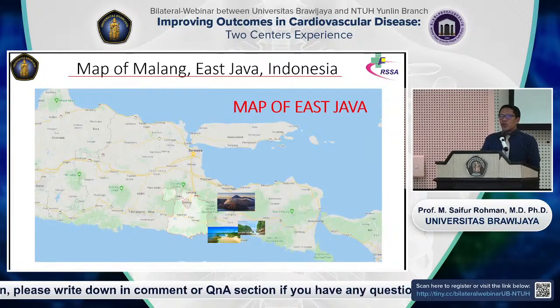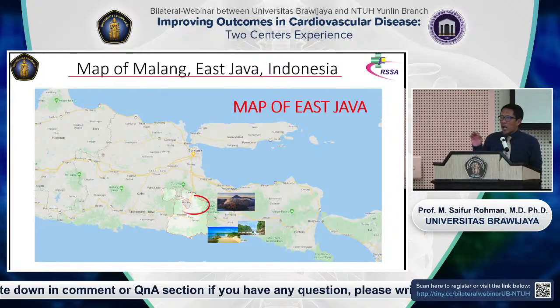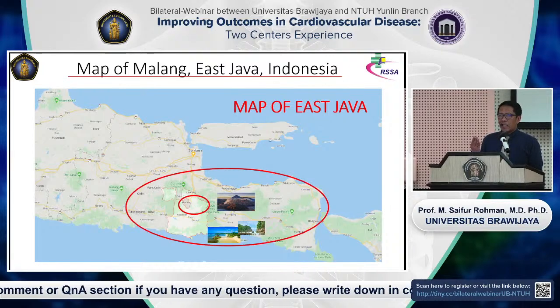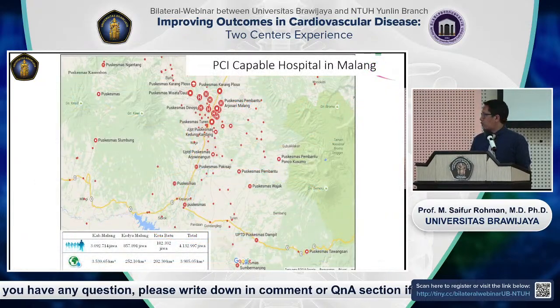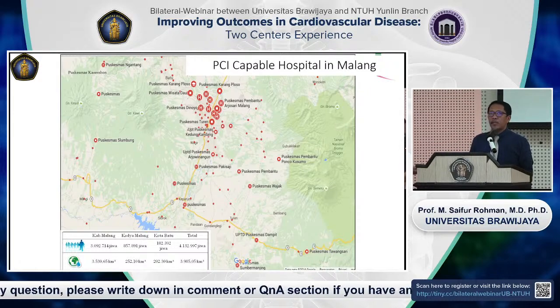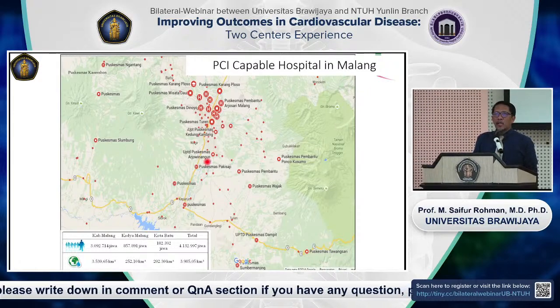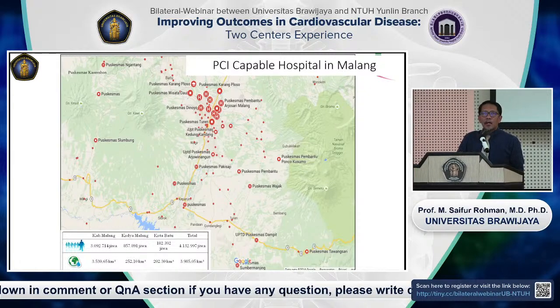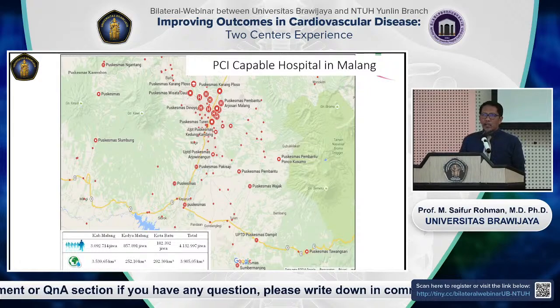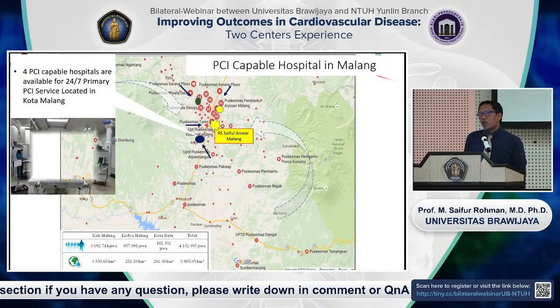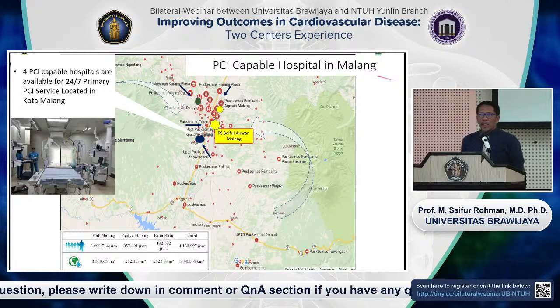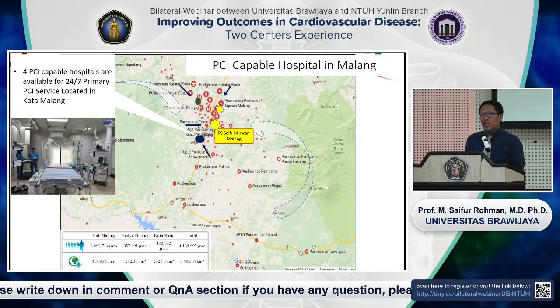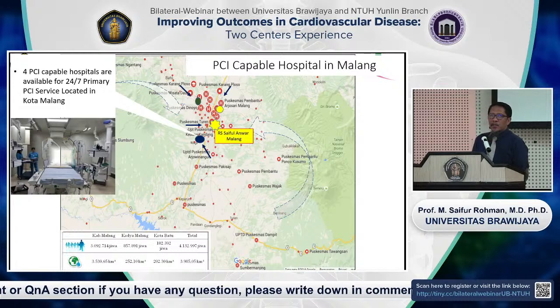We only have four dedicated cath lab hospitals, which receive referral patients from many sides, from the Puskesmas, the public health centers. We built the networking of ACS since 2015, and since then we receive many ACS patients 24 hours, 7 days for primary PCI.